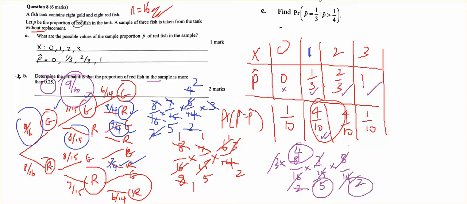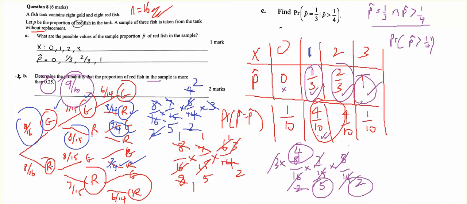And I've got a little conditional probability happening here. P hat equals 1/3 intersect p hat is bigger than 1/4 over the probability that p hat is bigger than 1/4. So my bottom, that's bigger than 1/4, that's bigger than 1/4, that's bigger than 1/4.